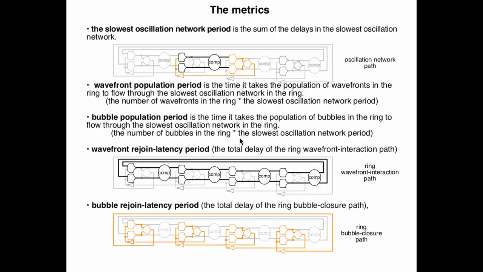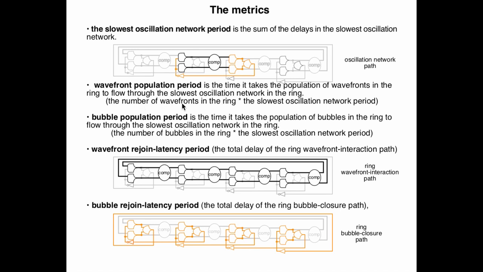The first metric of ring behavior is the slowest oscillation network period, and that is all of the delays around the slowest oscillation network. The second metric is the wavefront population period, which is the time it takes all of the wavefronts in the ring to flow through the slowest oscillation network.